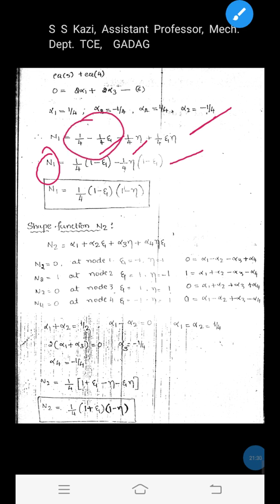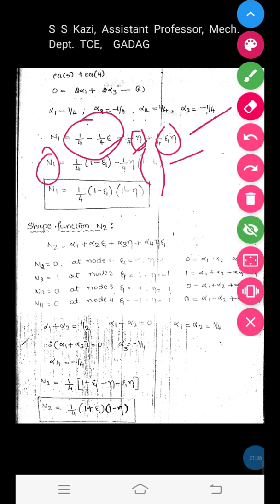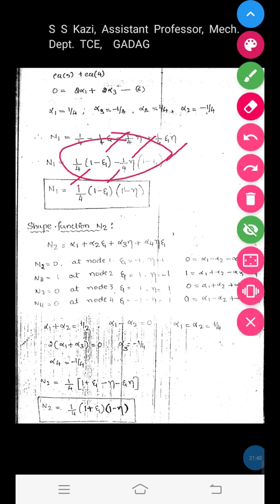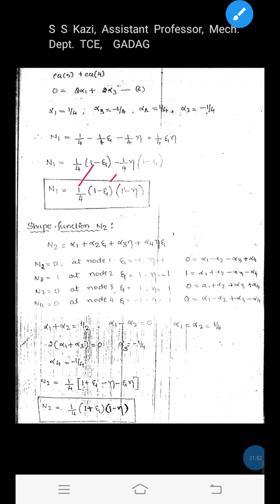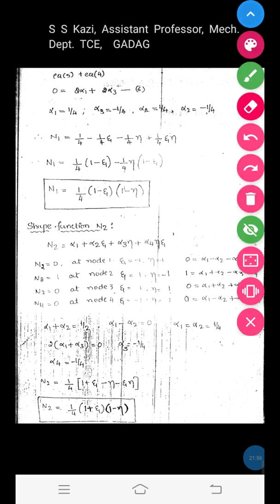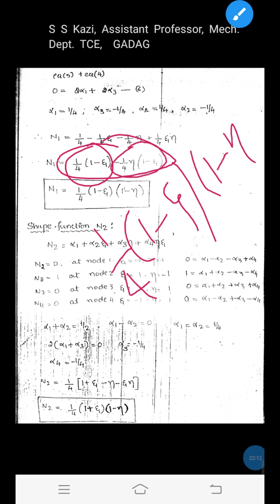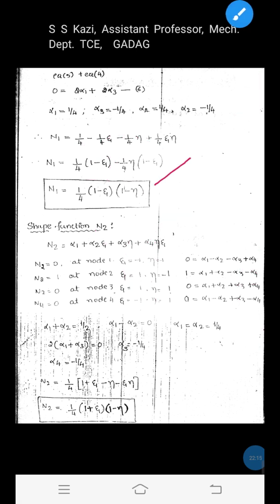Therefore 1 minus zeta is the common, so we get 1 by 4 into 1 minus zeta into, by taking the common again, 1 minus neta. That is 1 by 4 into 1 minus zeta into 1 minus neta.